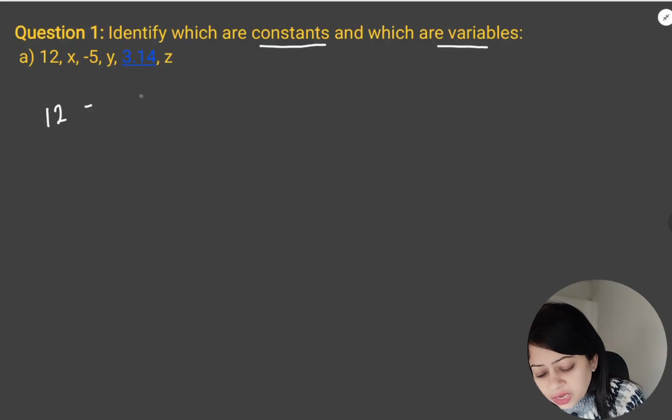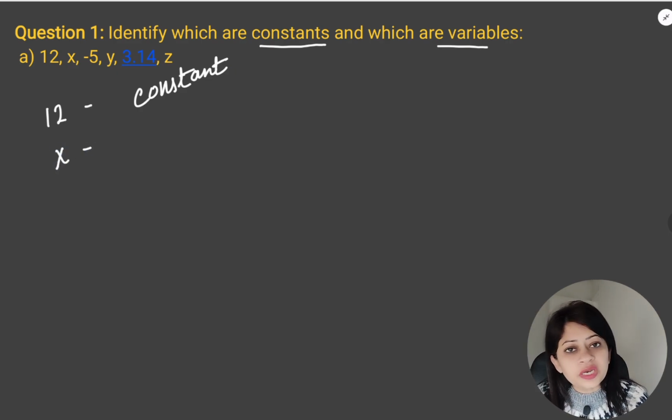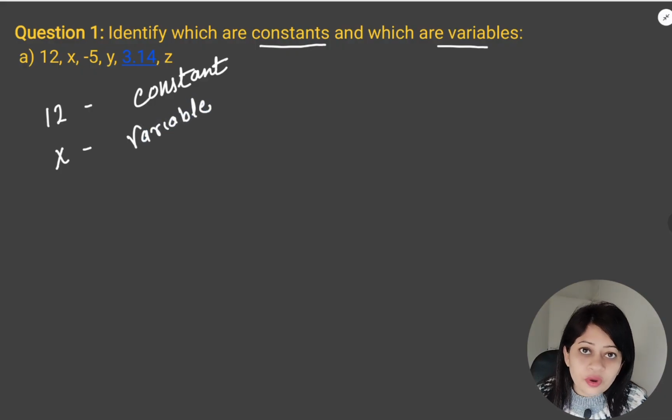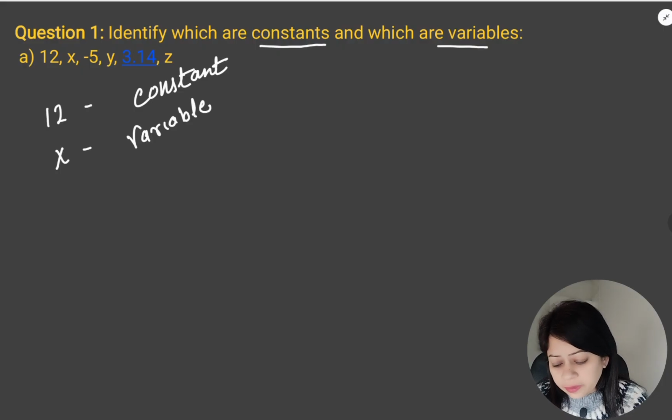So 12 is a constant, right? X. What is x? X's value can be changed, right? So this is called a variable. So from now onwards I will write C for constant and V for variable. Okay, minus 5 is a constant, y is a variable.